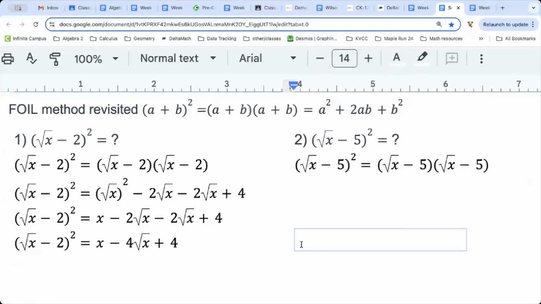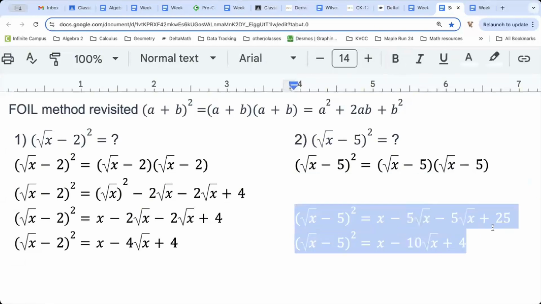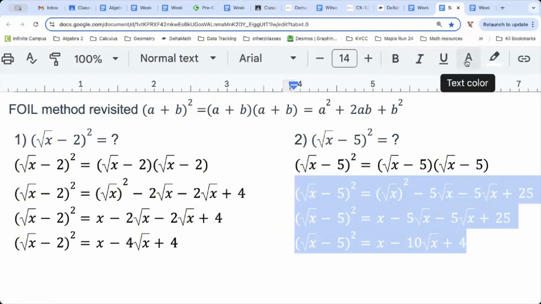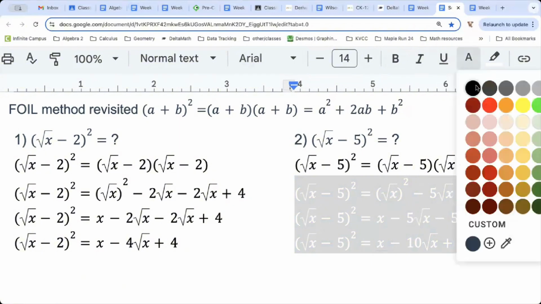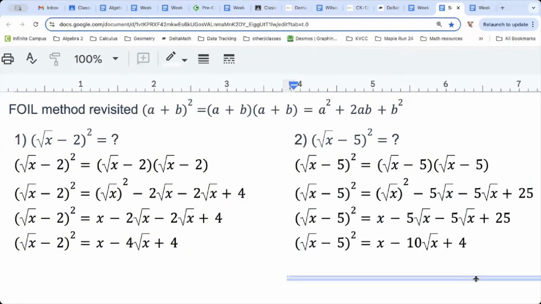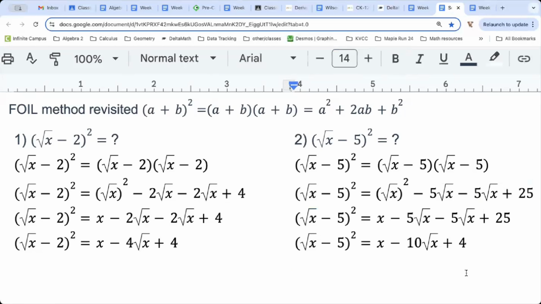It's not working out. Okay, let's skip ahead. At the end of the day, the text colors gave me a hard time here, but anyways, it popped out.